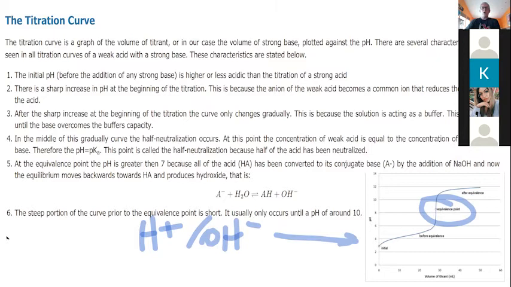Now, how do we know we're going to be beyond the equivalence point in a titration? What are we going to do to tell us where we are in the titration? Because we're not going to measure the pH, right? We don't have pH meters. So how are we going to know? Color? Why will it change color?